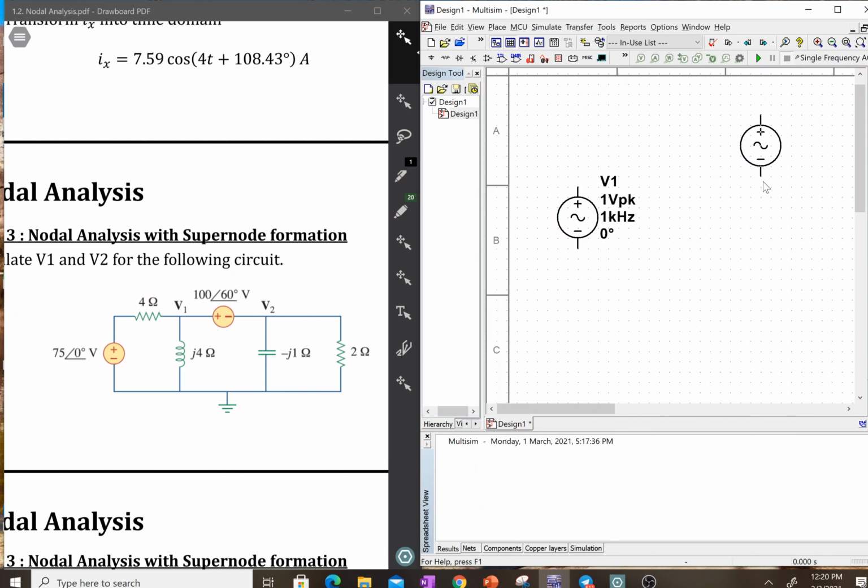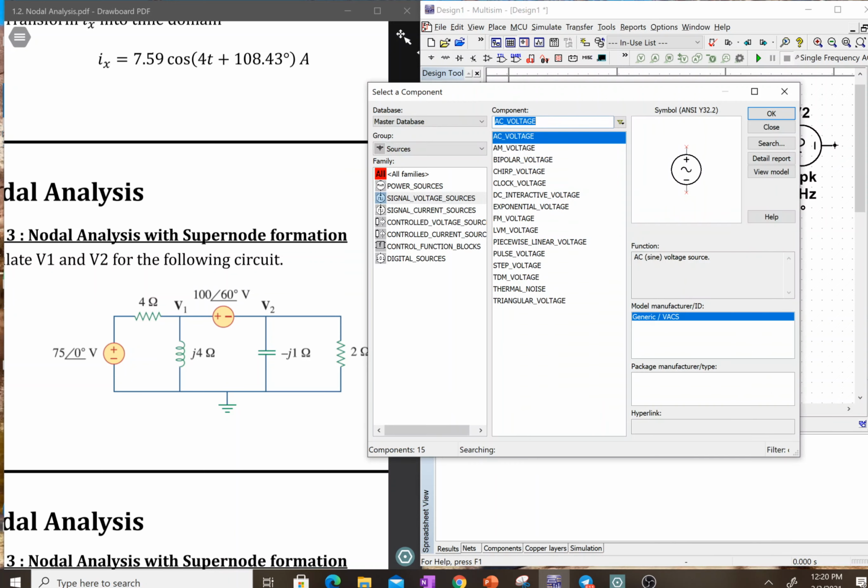Okay, so this one, to rotate you can press Ctrl R, then you can rotate the component and place it anywhere. Just follow the circuit given. Okay, next, let's say you have an AC current source, so you need to choose this. Go to signal current source and select AC current, this one.